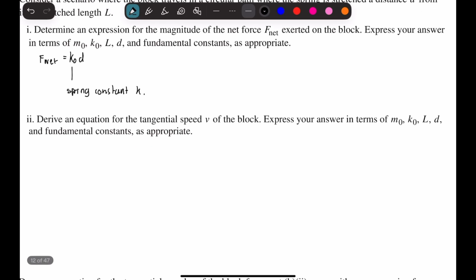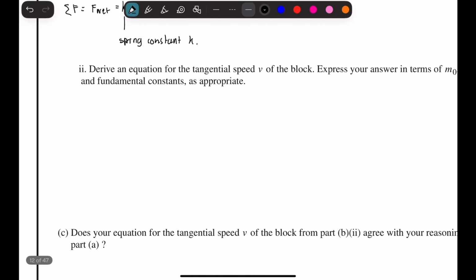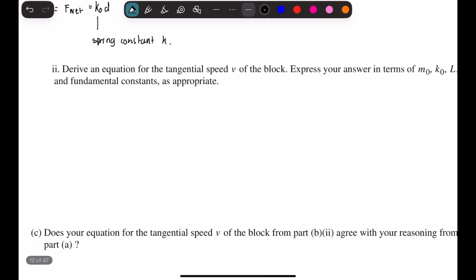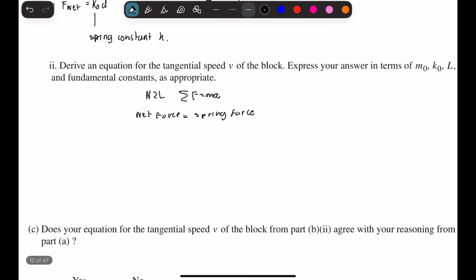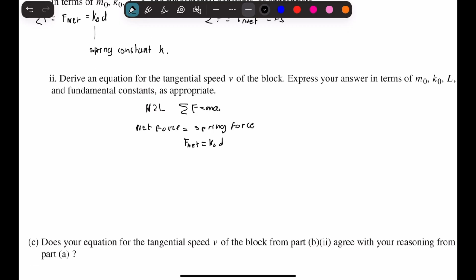Now, derive an equation for the tangential speed v of the block. Express your answer in terms of m initial, k initial, L, d, and fundamental constants. We can do this by starting off with Newton's second law, from which we can identify the forces and acceleration. The net force from above is equal to the spring force, so F net is equal to k initial times d.